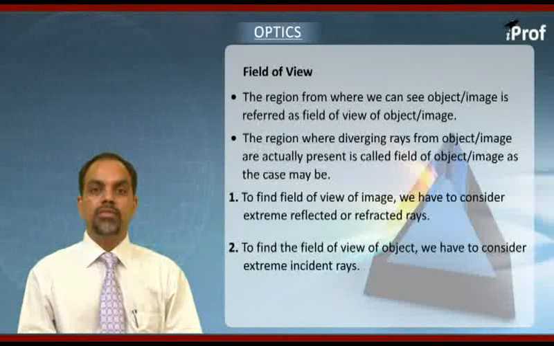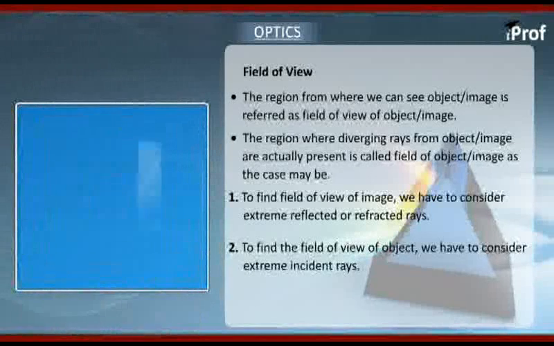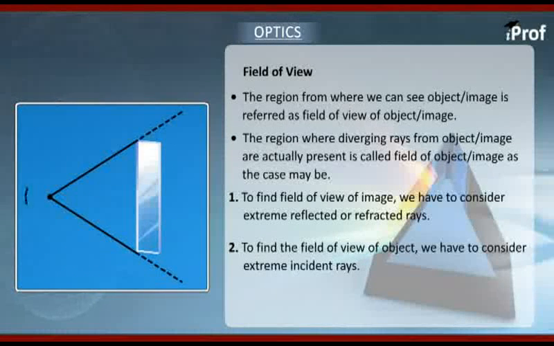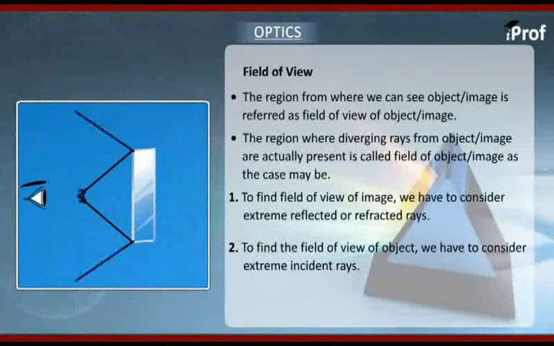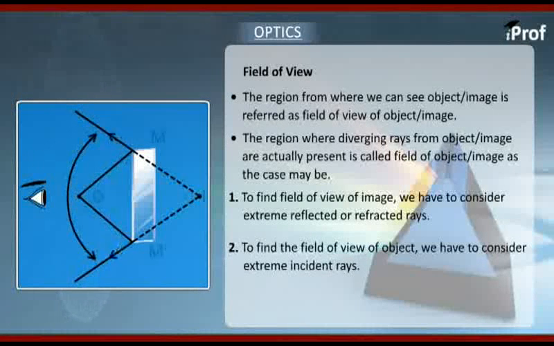Now let's understand these 2 points using a ray diagram. We have taken a mirror as an optical system, and an object is in front of the mirror. To find the field of view of object, we consider extreme incident rays. The field of view of object is marked on the diagram. Now to find the field of view of image, we have to consider the extreme reflected rays corresponding to the extreme incident rays.